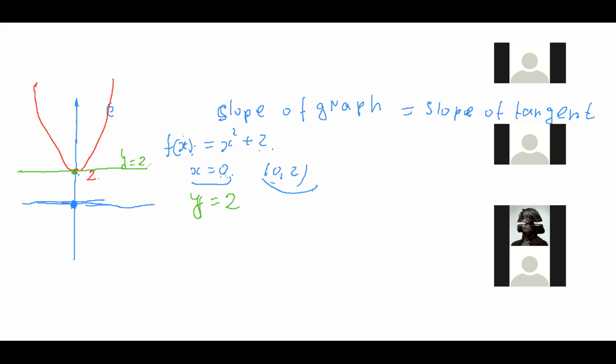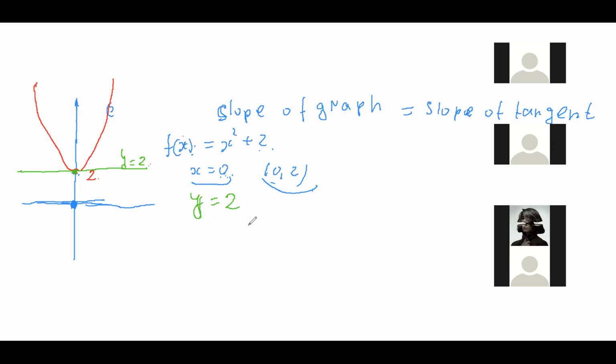Okay, let me ask Mariam Natroshvili. Are you here, Mariam? Yes. Do you agree that the slope of this line is 0? Yes. Okay. Why, Mariam? Why do you think that the slope of the tangent line is 0? Because it's a horizontal line.